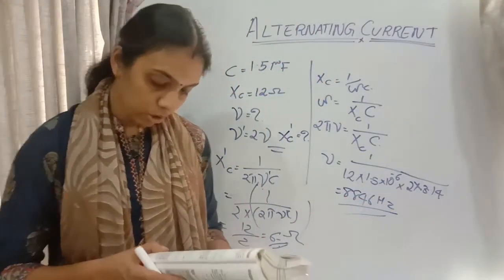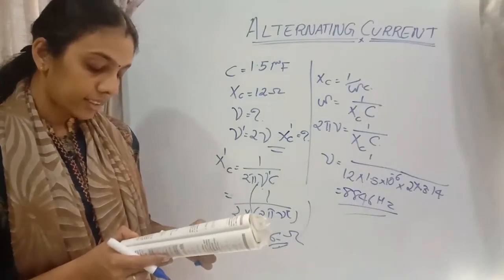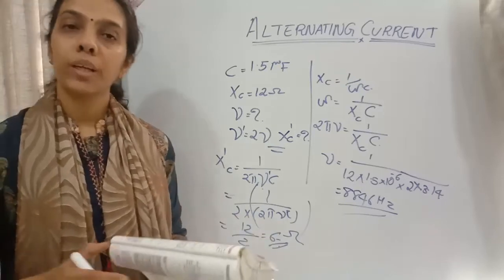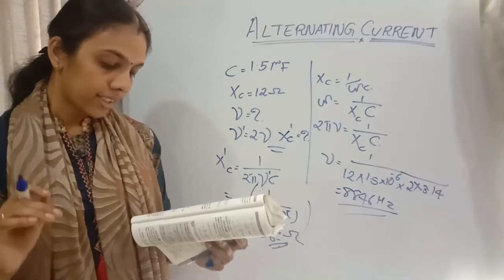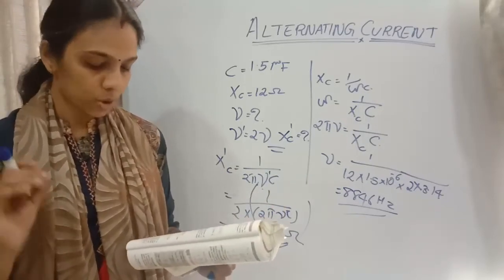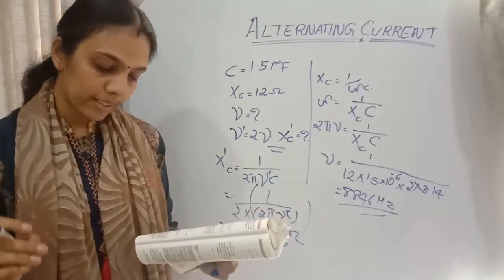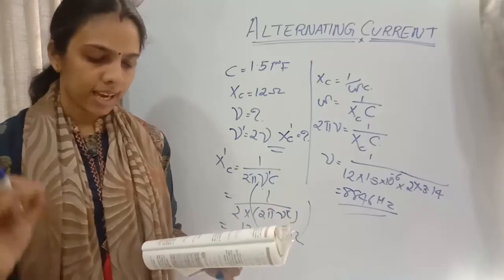Next question: a 15 microfarad capacitor is connected to a 220 volt, 50 hertz source. So the capacitor is given as 15 microfarad, the voltage is given as 220 volt and the frequency is given as 50 hertz. Find the capacitive reactance, Xc.